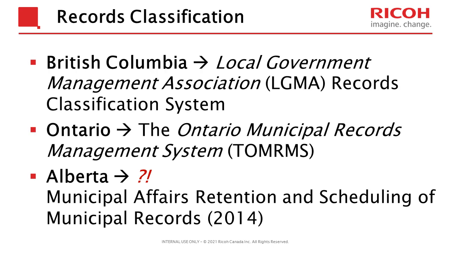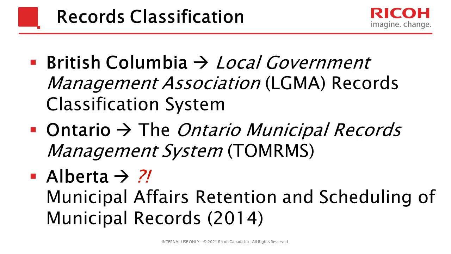Now, in records classification, here in British Columbia, there is the Local Government Management Association. The LGMA has developed their own records classification system, adopted by a lot of the local governments here. In Ontario, you have the TOMRMS, the Ontario Municipal Records Management System, again adopted by a lot of local governments in Ontario.